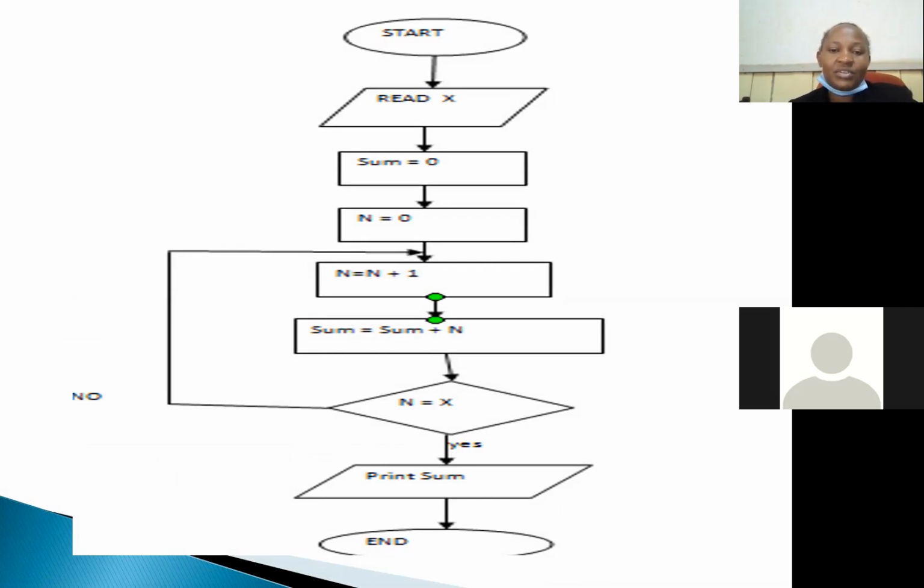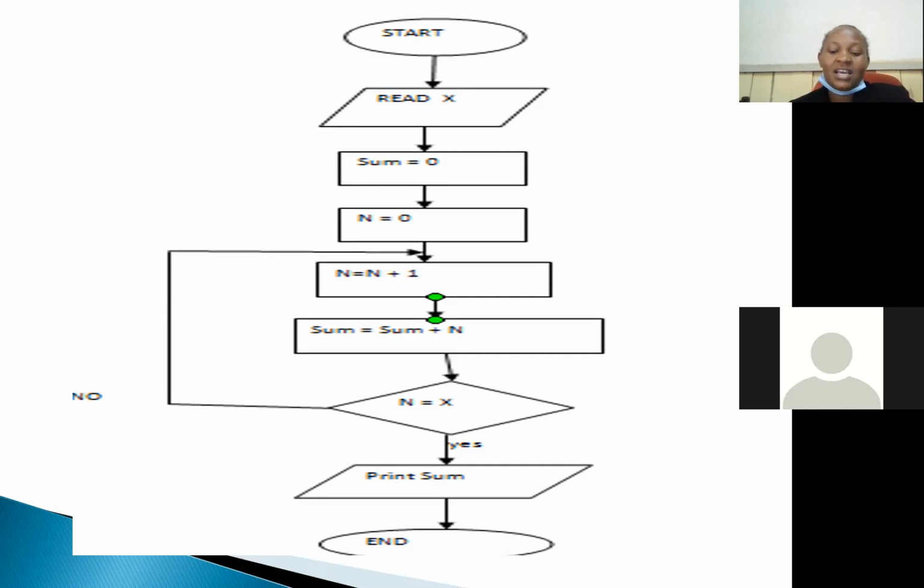In this case, it will be just removing the symbols and then writing what remains. And if you check here, there is a control structure that comes in. Between n equals 0 and the statement n equals n plus 1, you can see there's a loop coming in.